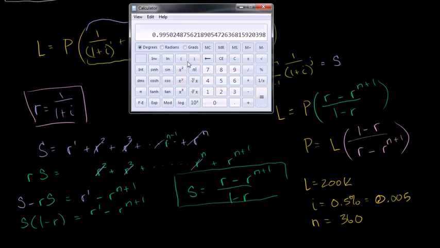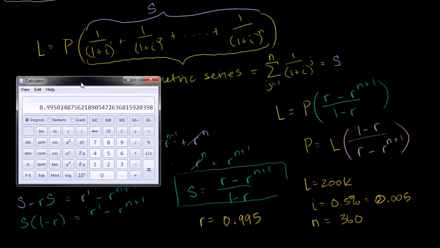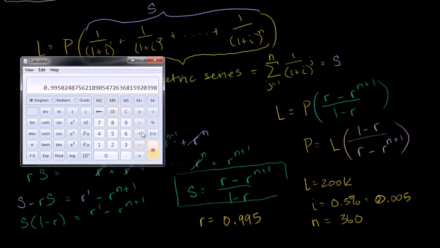That's what our r is equal to. Now, this calculator doesn't store variables, so I'll just write that down here. So r is equal to 0.995. We just used that right there. I'm losing a little bit of precision, but I think it'll be OK. The main thing is I want to give you the idea here.